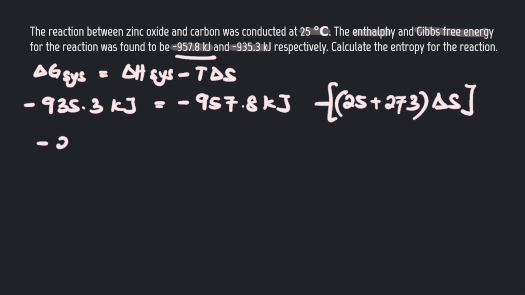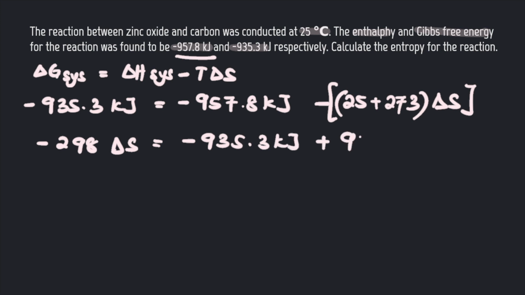So you will get negative 298 delta S is equivalent to negative 935.3 kilojoule plus 957.8 kilojoule, which is your enthalpy.